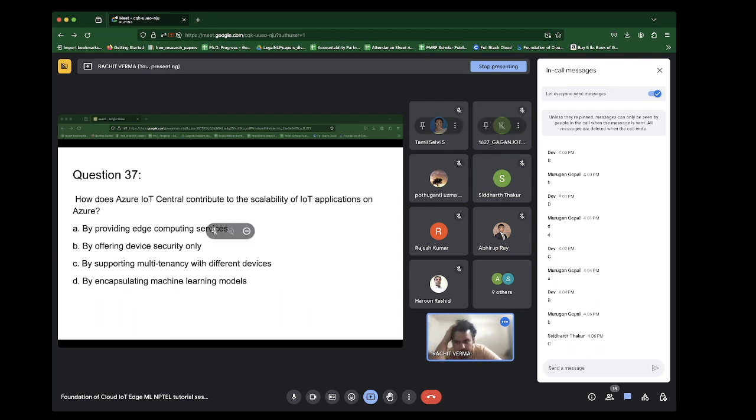So how does Azure IoT Central contribute to the scalability of IoT applications on Azure? Is it A, by providing edge computing services, B, offering device security, C, by supporting multi-tenancy with different devices, or D, by encapsulating machine learning models?